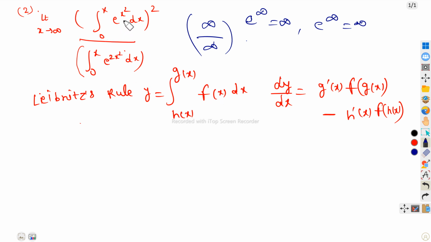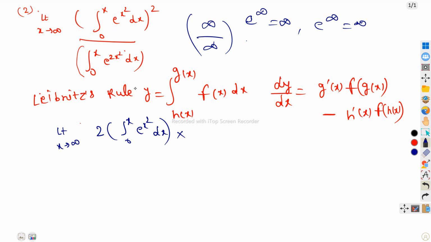f(x) equals e^(x^2), and this is the infinity by infinity form. So limit x tends to infinity, the differentiation of x^2 equals 2x, so this becomes the integral from 0 to x of e^(t^2) dt, and again we differentiate this. What is the differentiation?